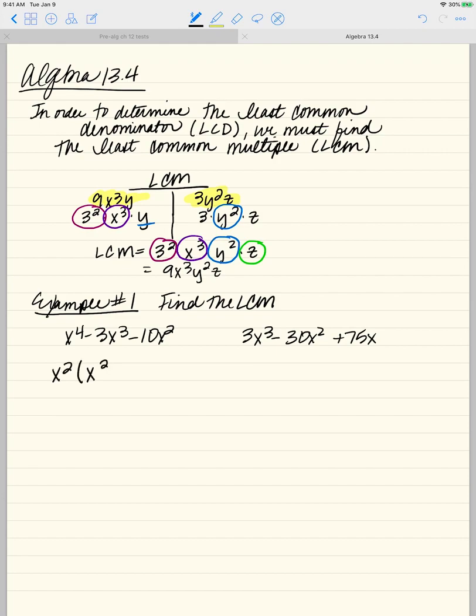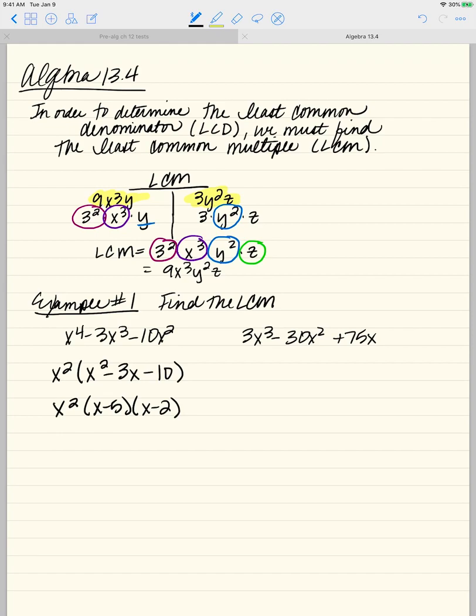That leaves me x squared minus 3x minus 10. Then we factor x squared minus 3x minus 10. That gives me x squared times x minus 5 times x minus 2. Again, I'm not spending time on how to factor those. If you need help with factoring, go back to chapter 10.